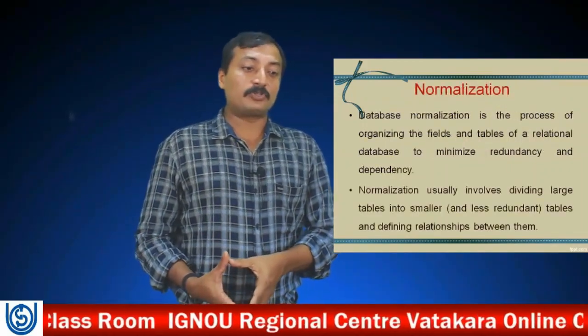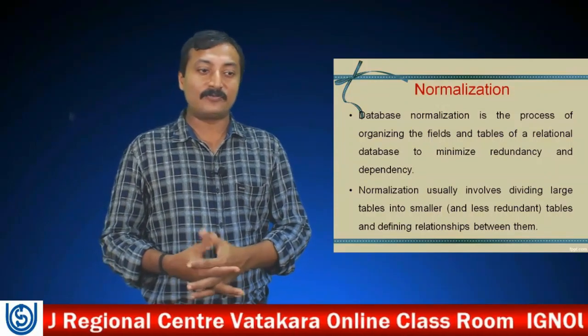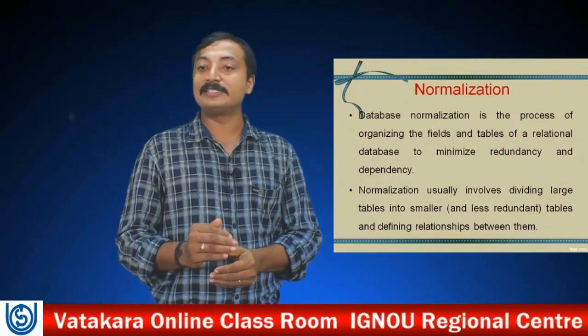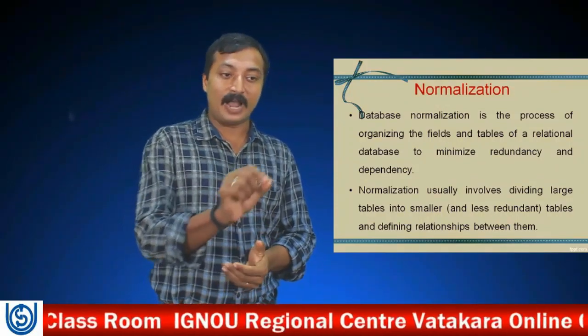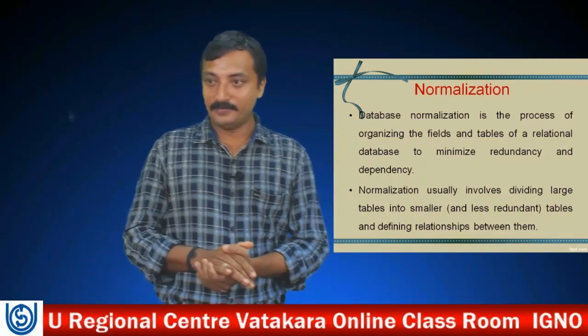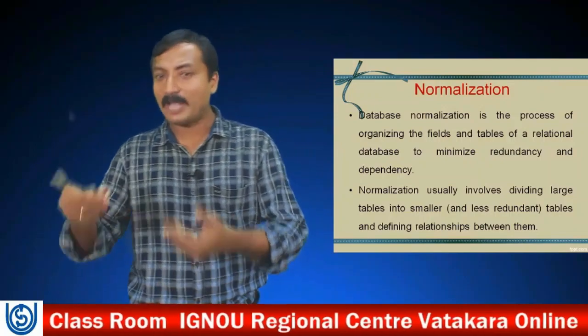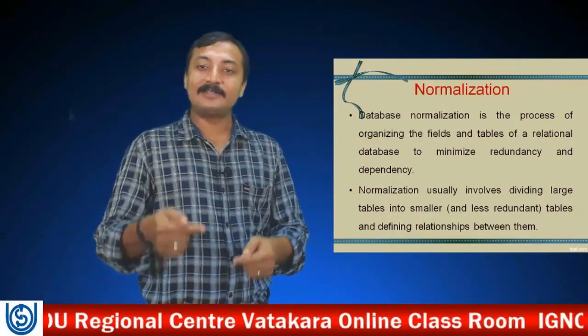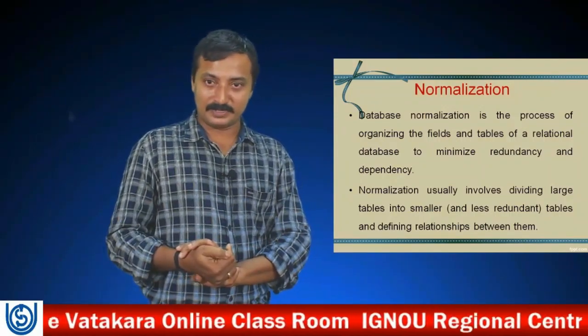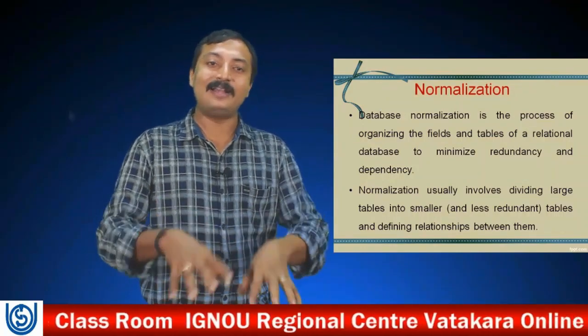Database normalization is the process of organizing the fields and tables of a relational database to minimize redundancy and dependency. We have to underline minimize. We cannot avoid redundancy completely. Sometimes we have to allow redundancy and dependency also, which is already inherent in that table.